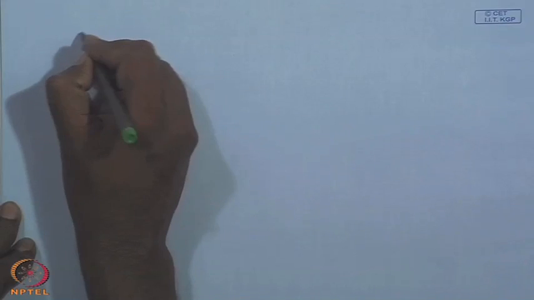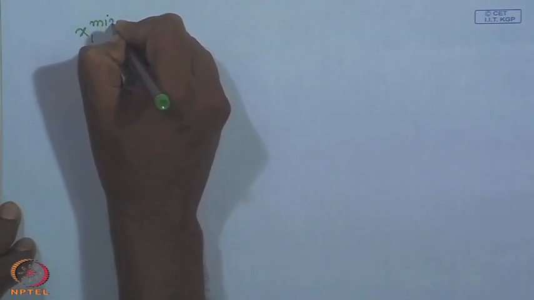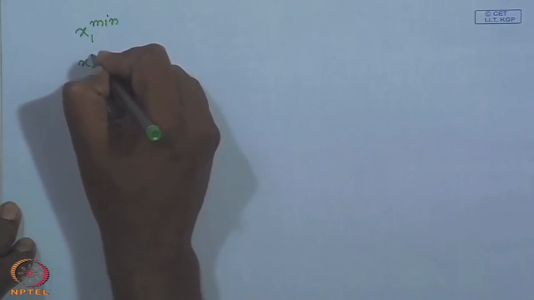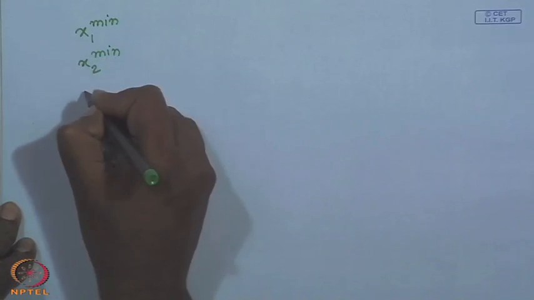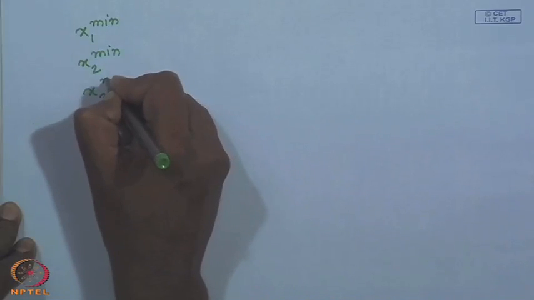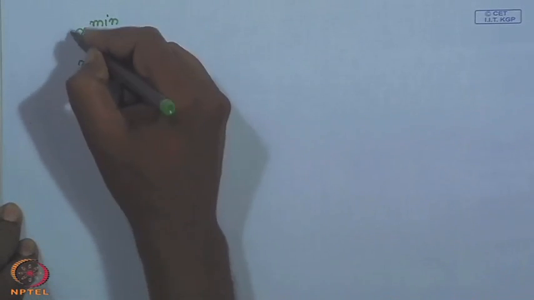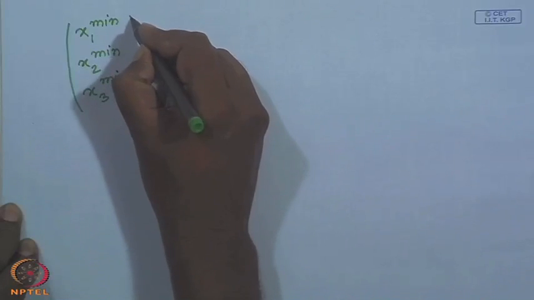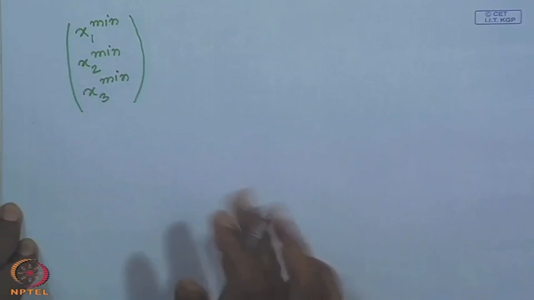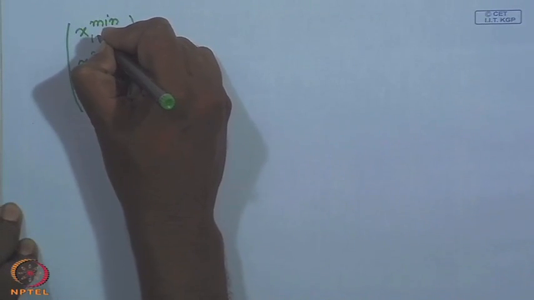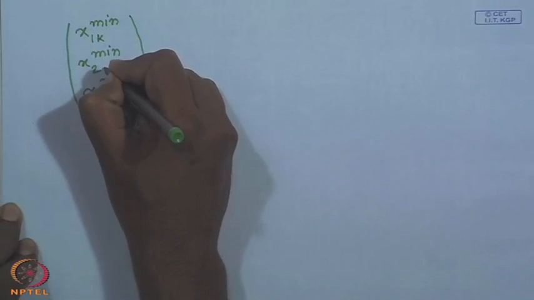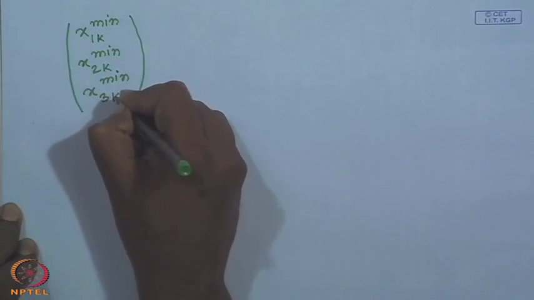Let us assume x1 min, x2 min and x3 min. This is the min point of, say, the kth bin. So, I put x1k, x2k, x3k.